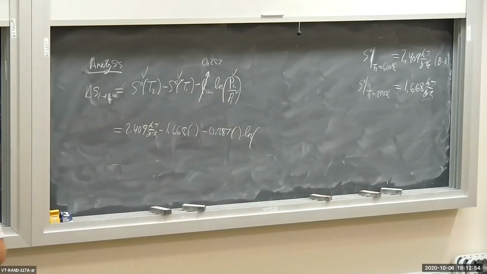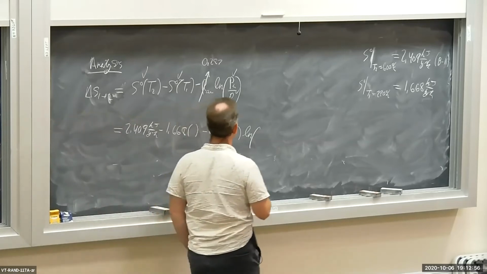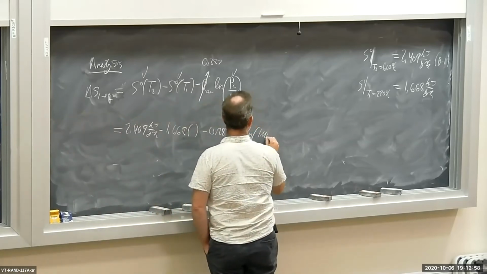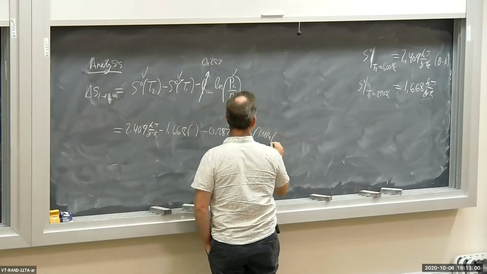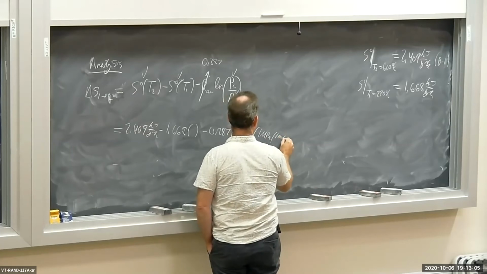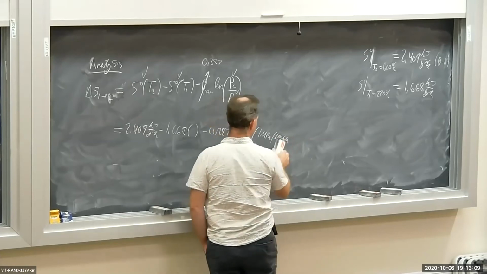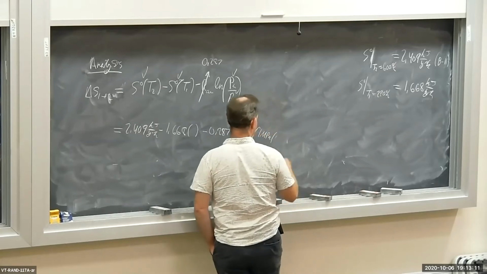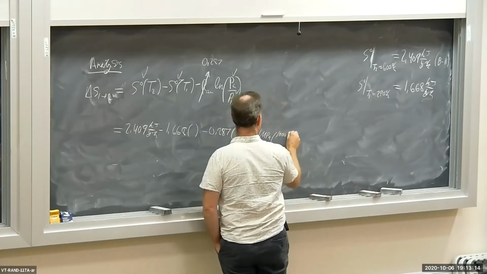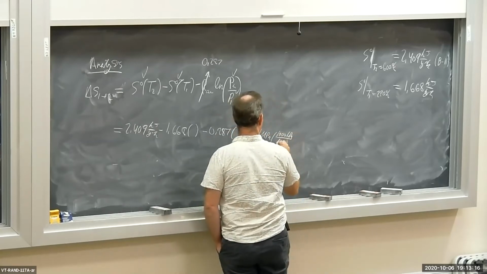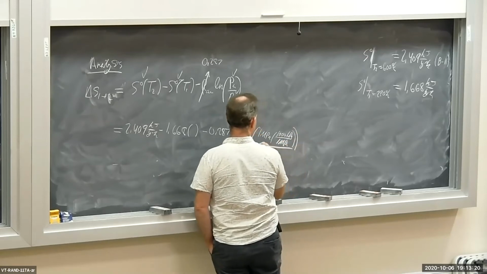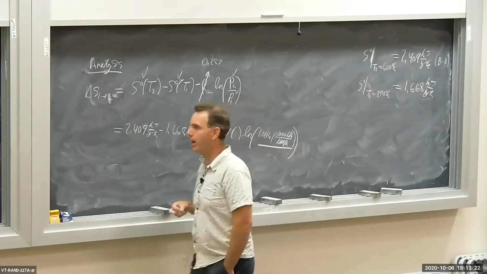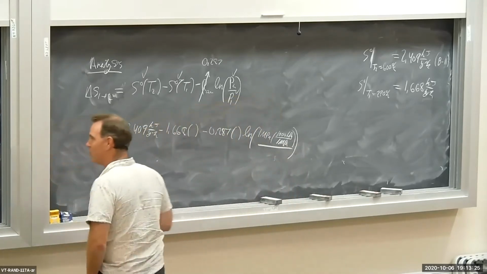Pressure at the outlet is 10 megapascals, so I've got to convert that into kilopascals. There's 1,000 kPa per 1 megapascal. And then that is getting divided by the inlet pressure, P1, which is 96 kPa.